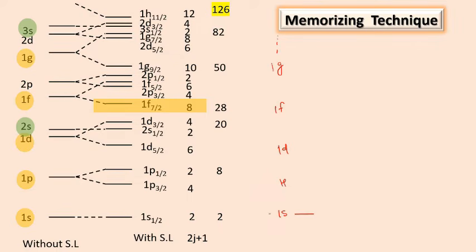The second thing is that here is my 1s. This is important: you just drop one step, and on every third step we introduce s. So here I introduce 2s, then I drop this, then I introduce 3s. After this 2s we continue the same series, like 1s, 1p, 1d.